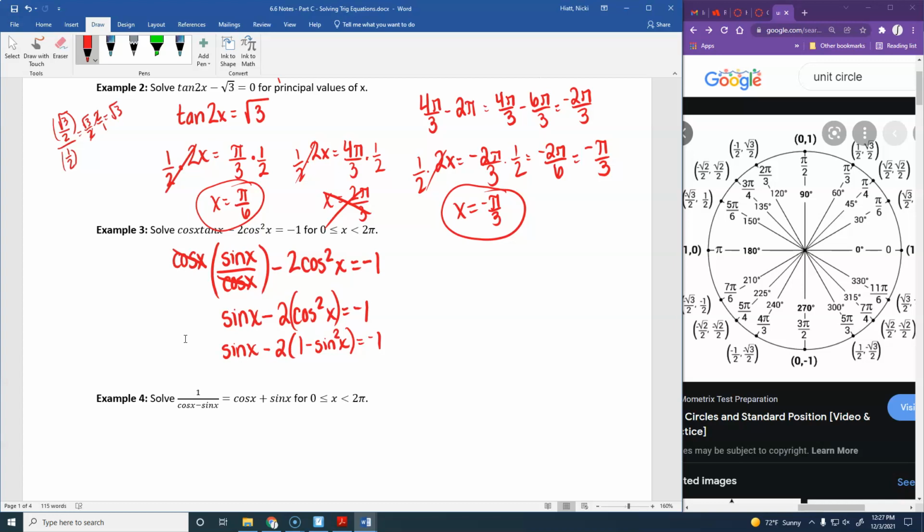You can't, because if you do, you have to divide the sine x by 2 and the negative 1 by 2, so you would end up with sine x over 2 here, which would be hard to work with. What is really best here is just for us to distribute our 2. So we got sine x minus 2 plus 2 sine squared x equals negative 1.